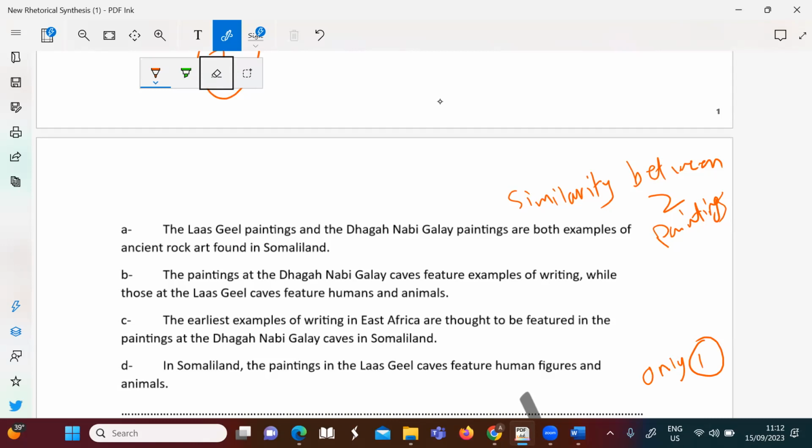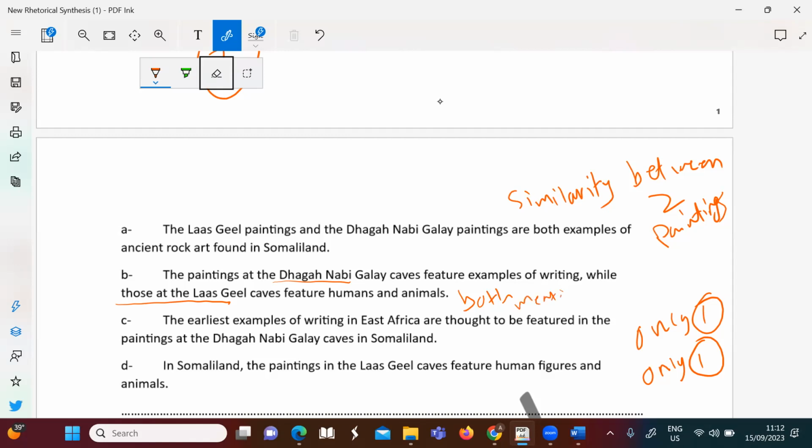C, is it the same? Are both mentioned? No. Just 1. Okay. What's wrong with B? Both are mentioned here. The paintings at one place and those at the other. So both are mentioned, but there is no similarity. This here in A is a difference.